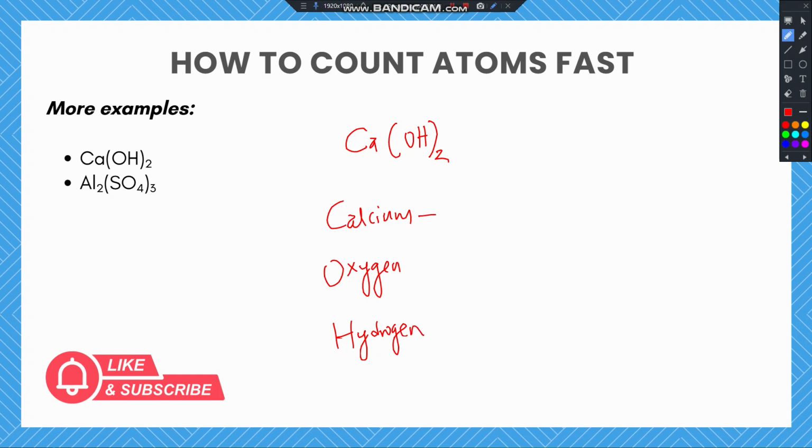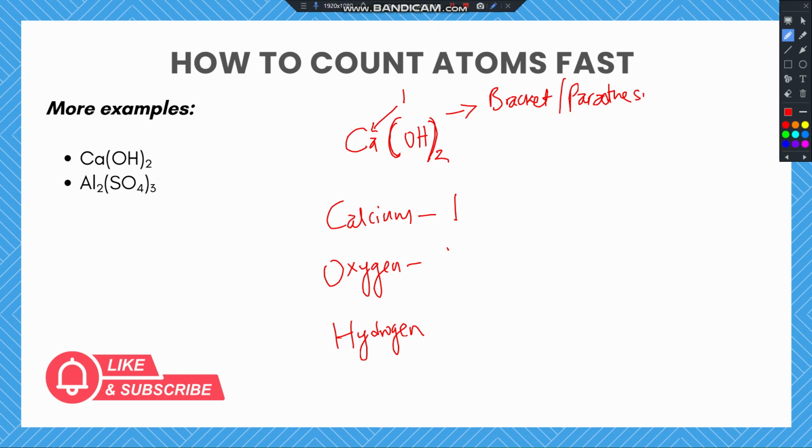So how many atoms of calcium do we have? Calcium appears just once here. Let's write that down. Oxygen appears how many times? Now, notice something. There is a bracket, also called a parenthesis.